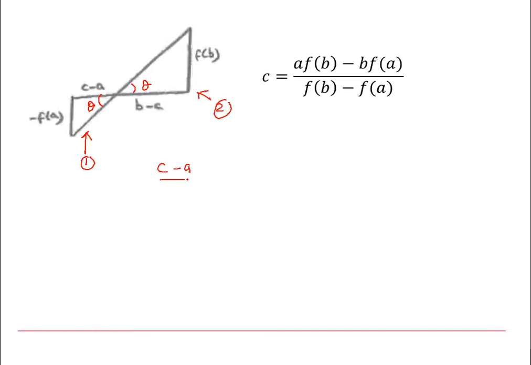There are different ways that you can set up similar triangle equations, but one way is to say that we've got the two sides in triangle 1, C minus A and minus f of A, and then the corresponding sides in triangle 2 are B minus C and f of B. So you might like to pause the video and have a go at this yourself.